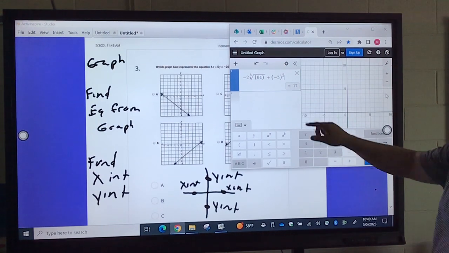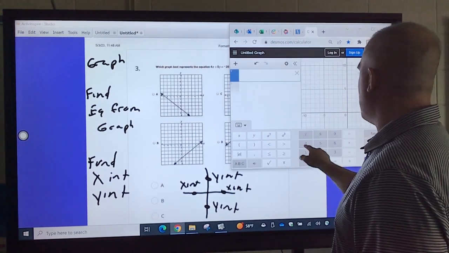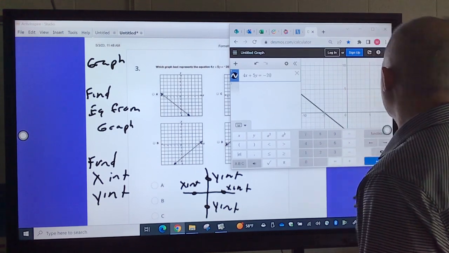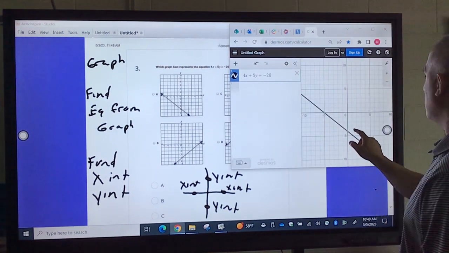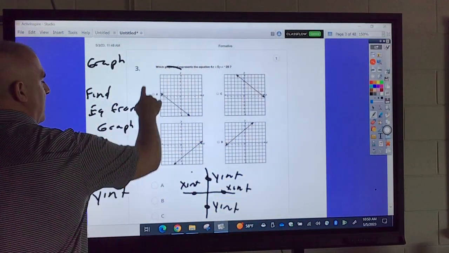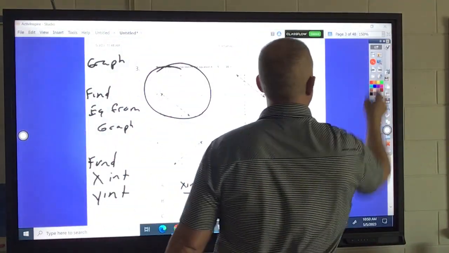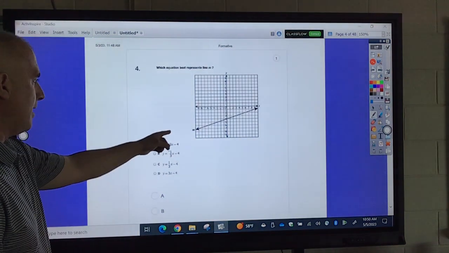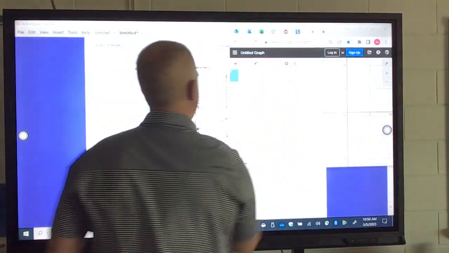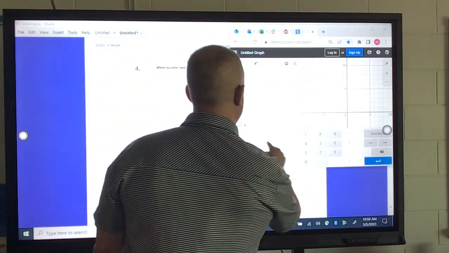So what I'm going to do is type 4x plus 5y equals -20. And if I'm looking here, that's -4 and 5. Even looking at my problem, this has to be my answer. Question 4. I'm going to type these in to see if they match. Now I'm just going to do the first one to show you the one that doesn't work.